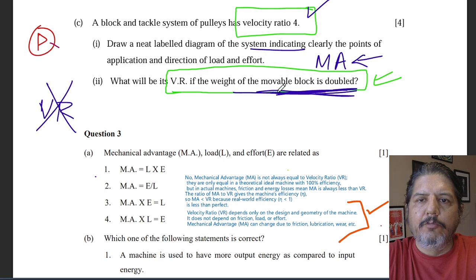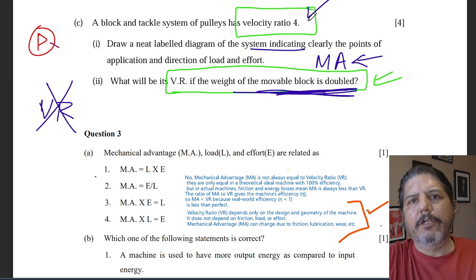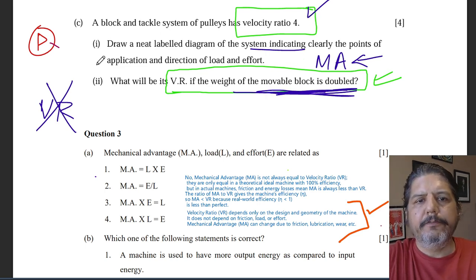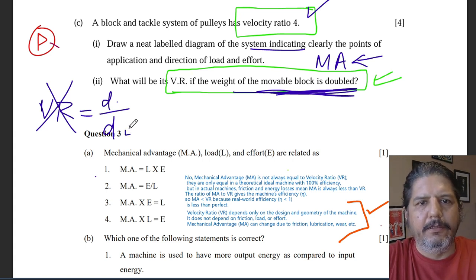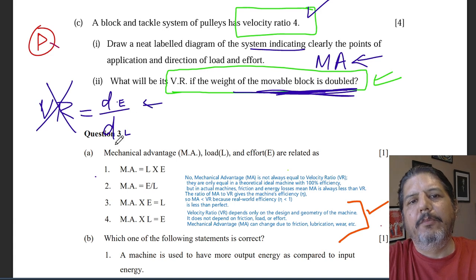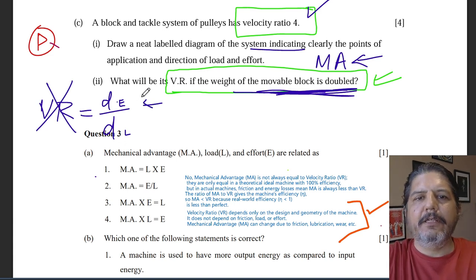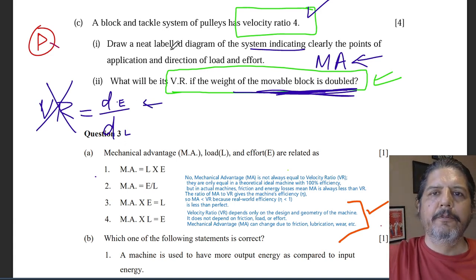Even if you double the weight of the movable block, the velocity ratio doesn't change, because velocity ratio is simply the distance moved by the load and effort. This remains the same, so the VR doesn't get affected by the weight.